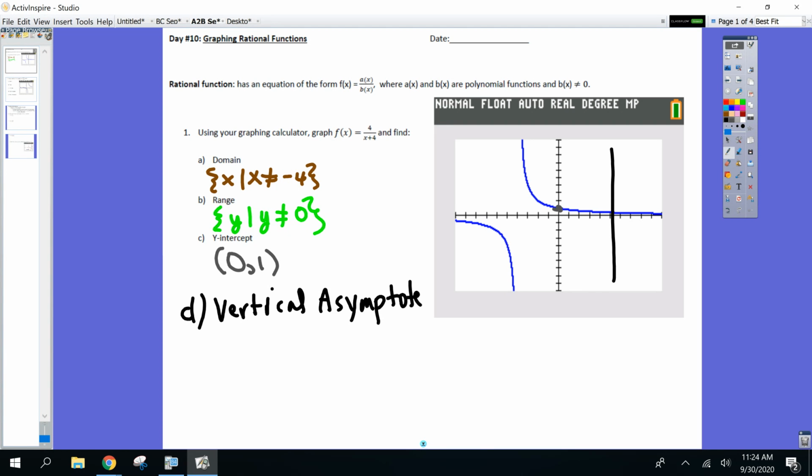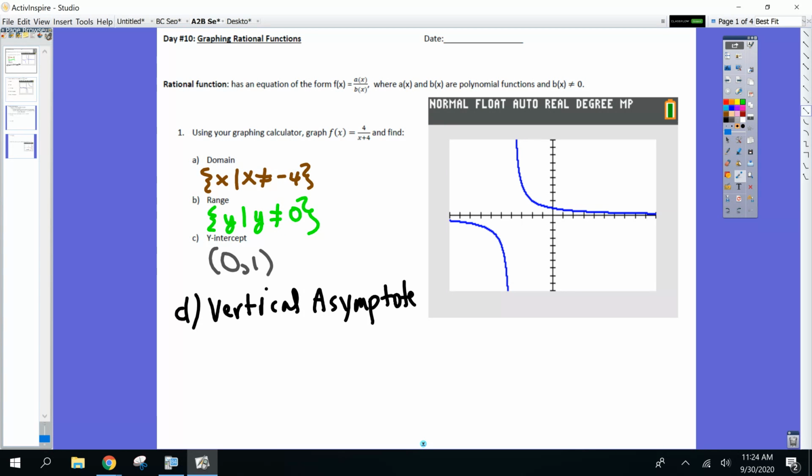I can't use that line because it touches the graph. Can't use that line because it touches the graph. Anybody draw in a vertical? If I got you to come up here in front of the room, could you draw in a vertical line that never touches the graph? Think you could do it? Where would it be? We're back at -4.